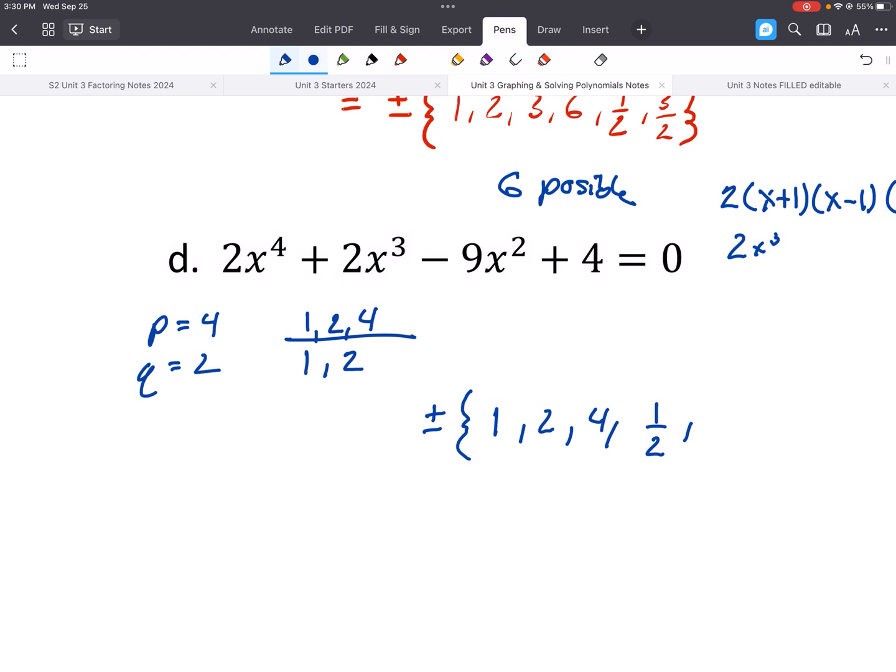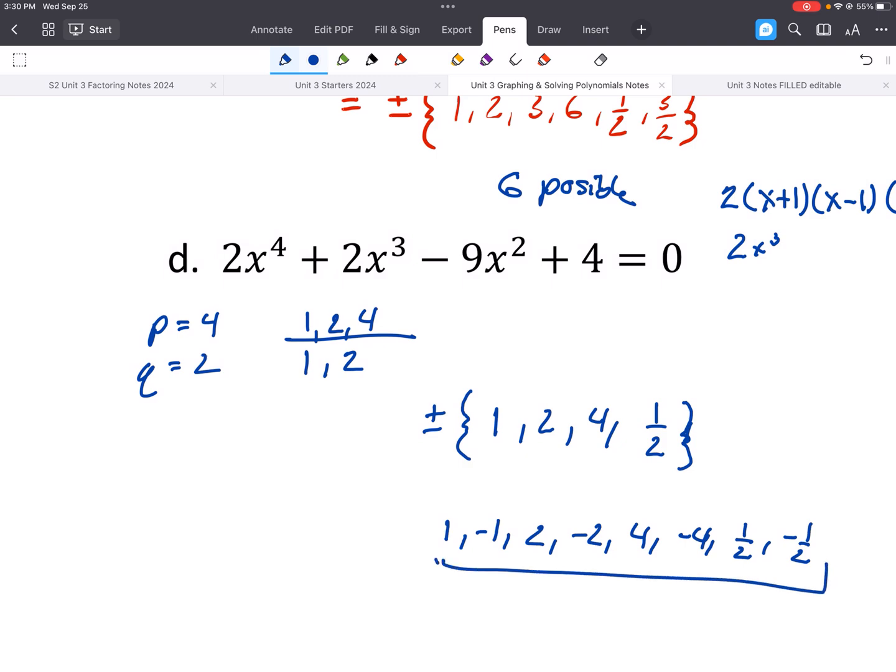And then next would be 2 over 2, which is just 1, which we have already. Check. And then 4 over 2 is just 2, which we already have. Check. So we just have 5 things here, but again, we'll have twice that much. So we'd have 1, -1, 2, -2, 4, -4, 1/2, and -1/2. Okay? And that's what we would put in.